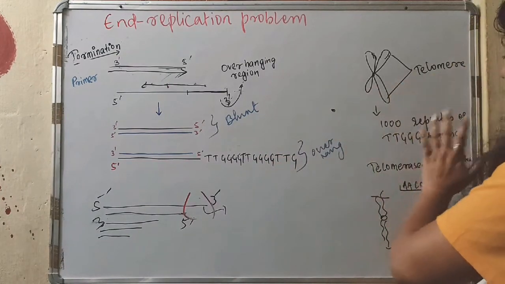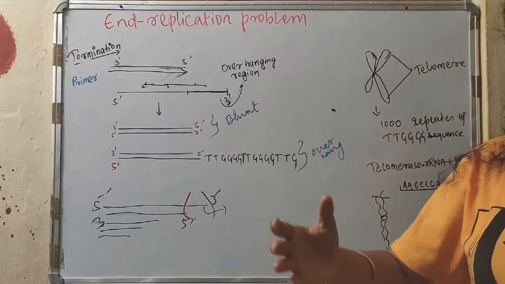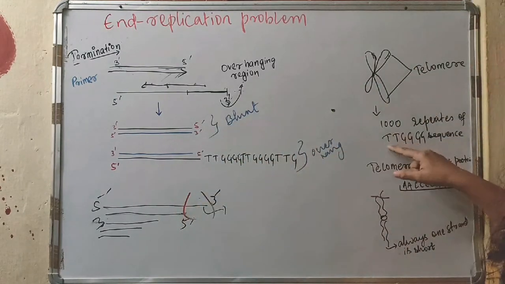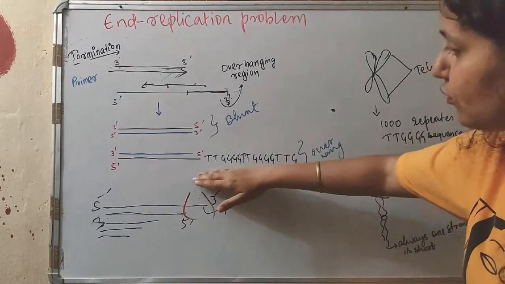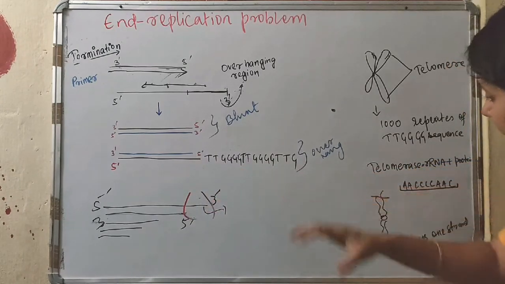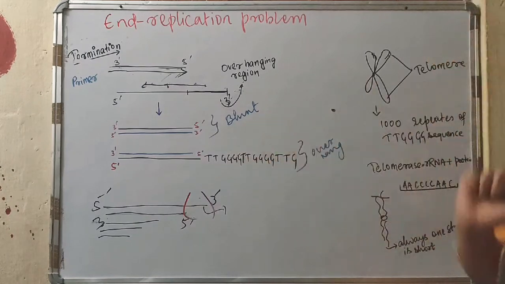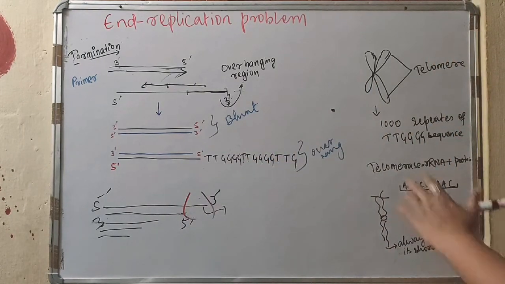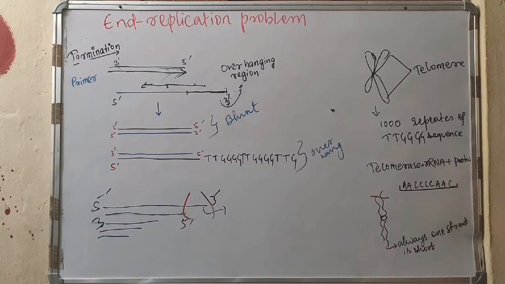Our telomere has thousands of repeats of TTGGGG. This repeat is more than 1000 times, for example. And the telomerase enzyme has a complementary sequence to this repeat. These telomerase enzymes are made up of RNA and protein.